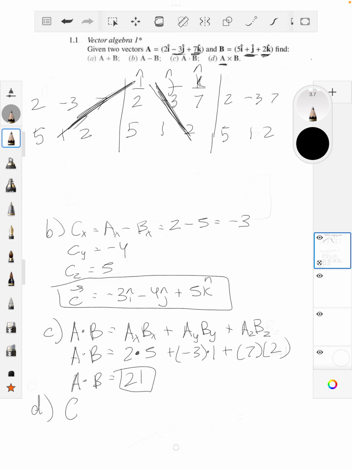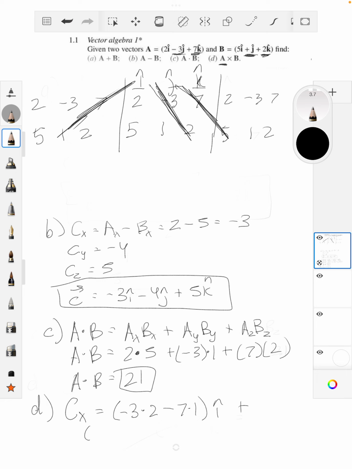The vector C is equal to cx i hat plus cy j hat plus cz k hat. So cx, which is the coefficient for i hat, is equal to -3 times 2. And then we're going to subtract this part right over here. So we're going to subtract 7 times 1.